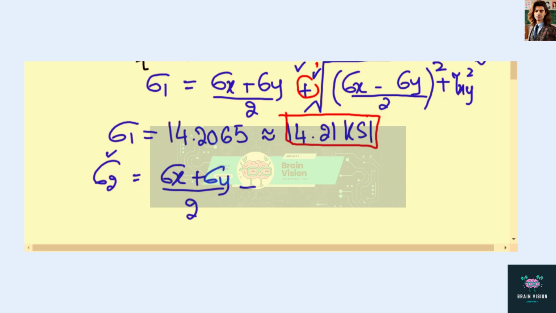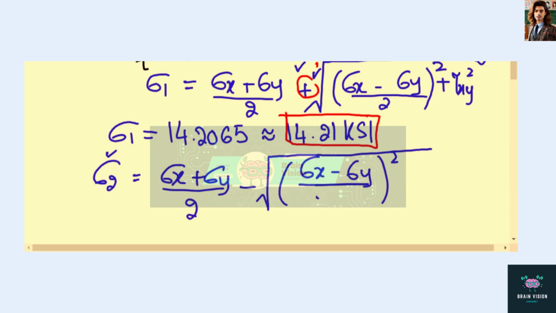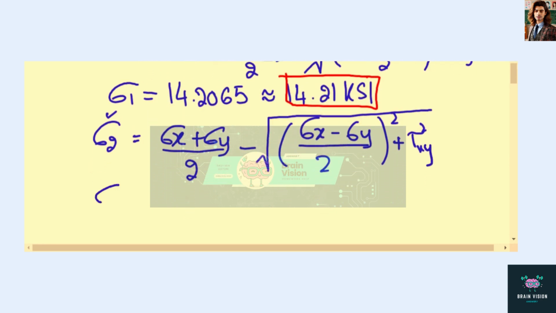Again, just plug in the values and you will get that sigma sub 2 is equal to negative 10.2065, approximately equal to negative 10.21 KSI.